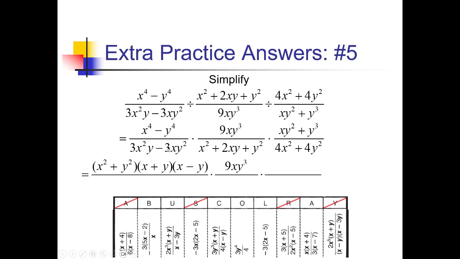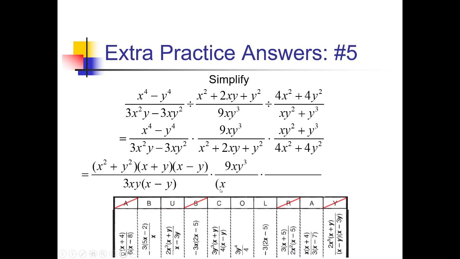Now for our lower left, I can take out a common factor of 3 and x and y. They both have at least one of all those. That leaves me with just x for my first term and just minus y for that second term. Next up, this bottom middle fraction part, denominator. This one is a perfect square sandwich. I can square root those with a squared parentheses.